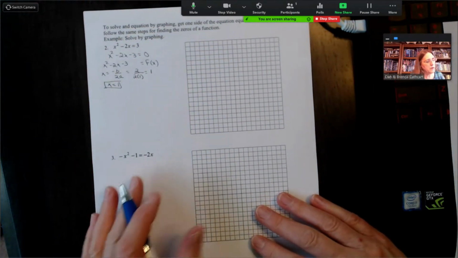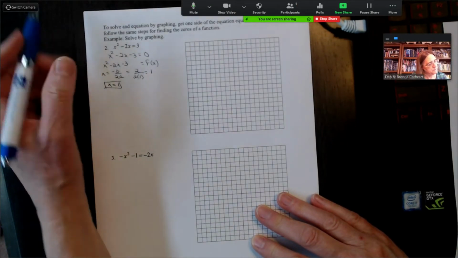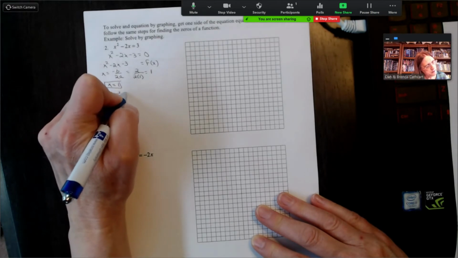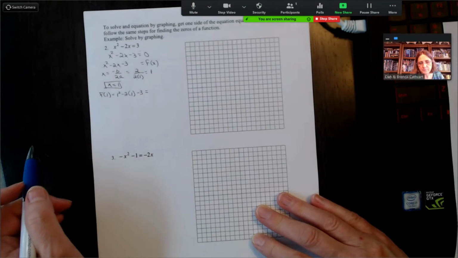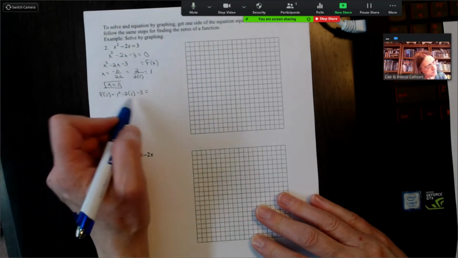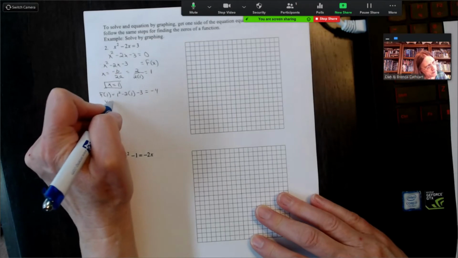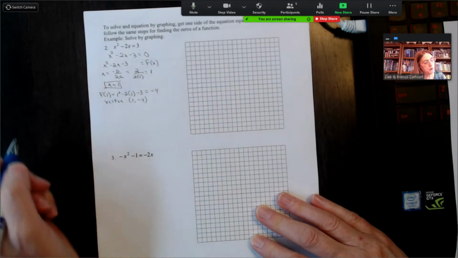And now for our vertex, we're going to use 1 in our equation. So f of 1 equals 1 squared minus 2 times 1 minus 3, which gives us negative 4. So our vertex is at the point 1, negative 4.